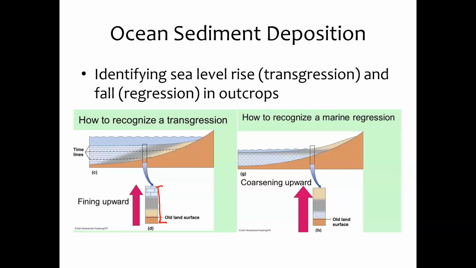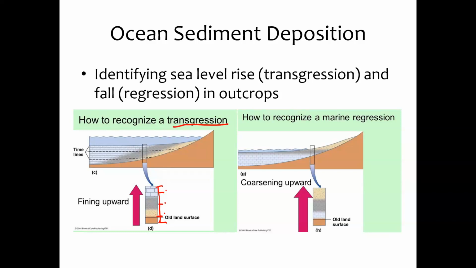But if you look at a sequence of rock and you see that at the bottom, the oldest ones are sand, and then you have silt and then limestone, that's indicating that when the sand forms, you're near shore, silt forms, you're a little further offshore, and then when the limestone forms, you're the furthest offshore. And so this would be a case where sea level must be rising because you're getting further and further offshore. The sea is rising further and further above these sediments that are being deposited. And we call that, what did we call that before?